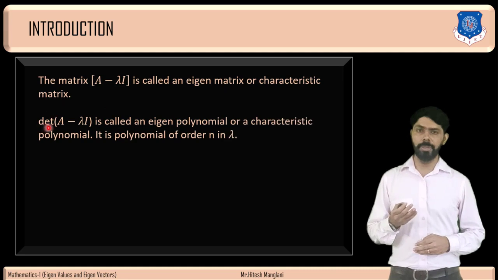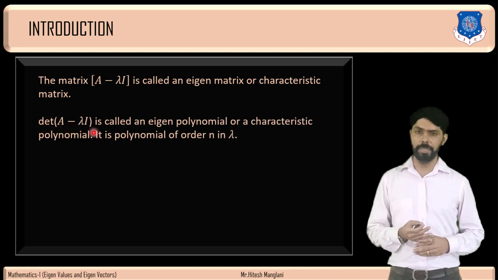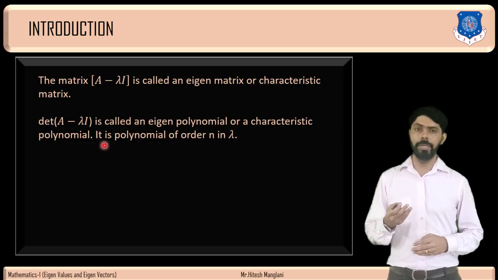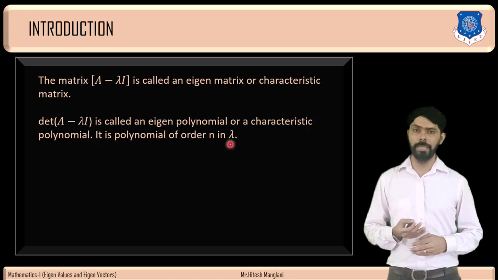Now the determinant of A minus lambda I is called an Eigen polynomial or a characteristic polynomial, and it is a polynomial of order n in lambda.